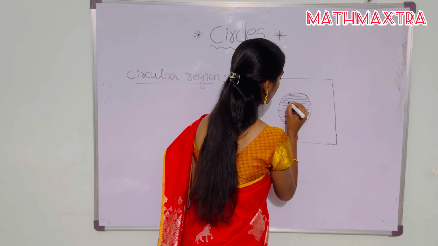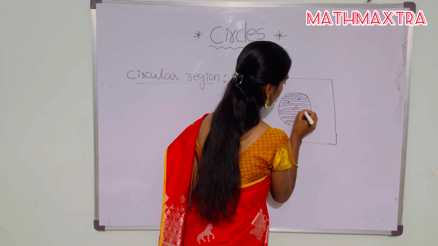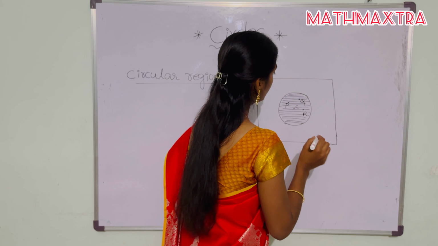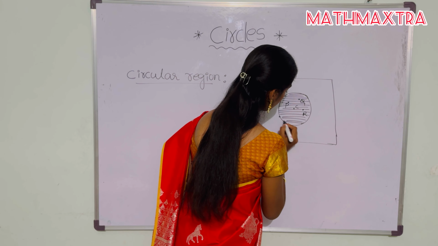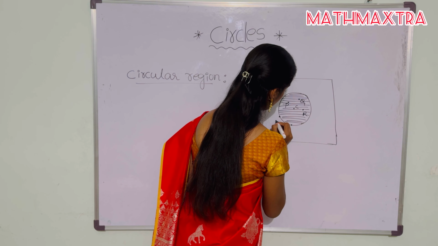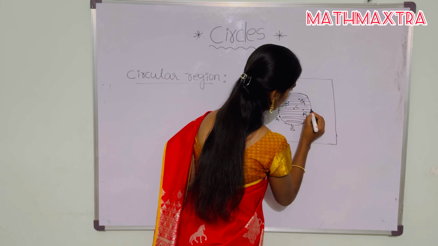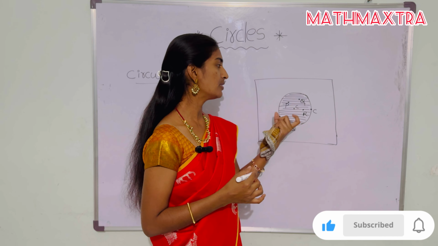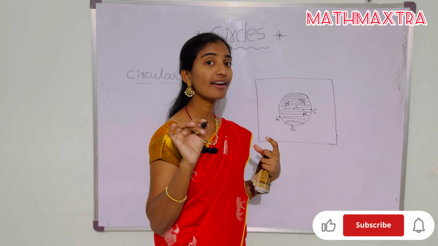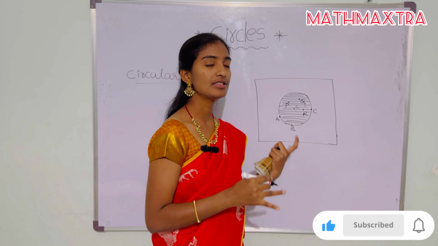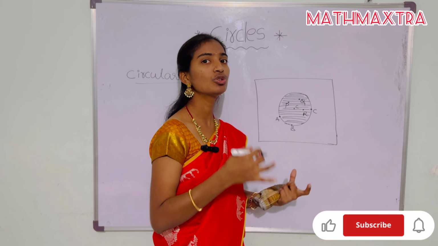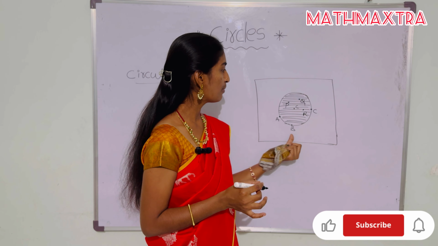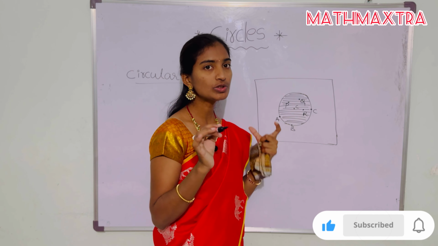They may give some points in the interior of a circle, P, Q, R, and some points on the boundary of the circle, A, B, C. So they may ask which points belong to the circular region. If you ask which points belong to the circle, then we have to answer that A, B, C belong to the circle.